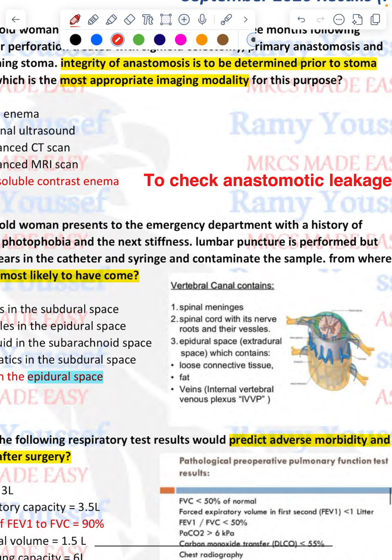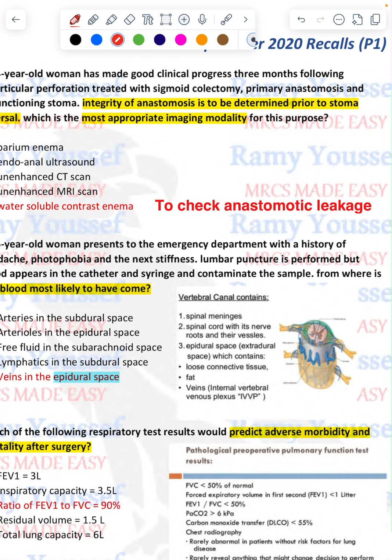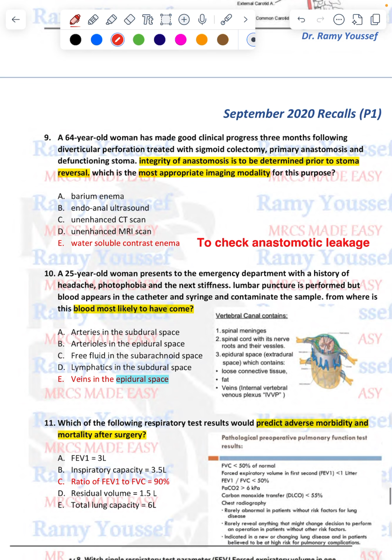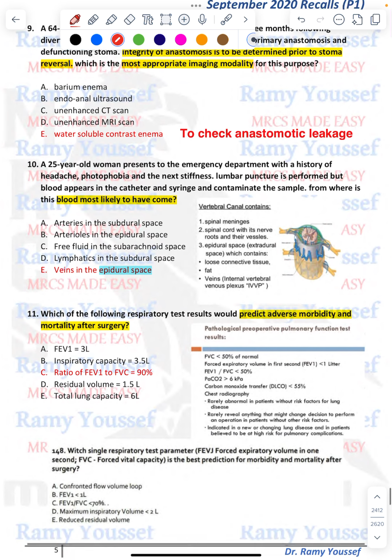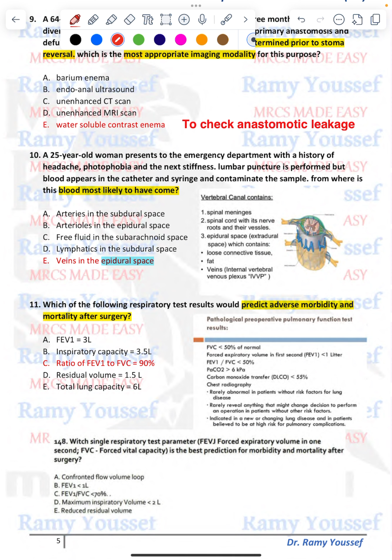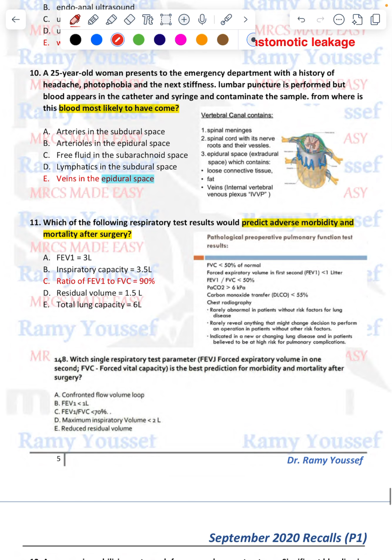Forced expiratory volume in first second, FEV1. Which respiratory test, one of the forced vital capacity, is the best predictor for morbidity and mortality after surgery? This is a similar question. It is the ratio of FEV1 to FVC. If it is less than 70, it will be very critical.